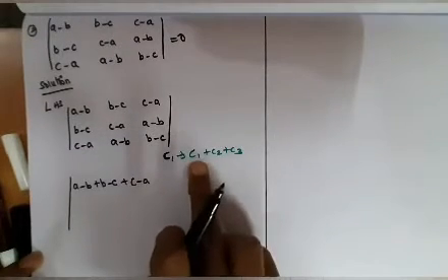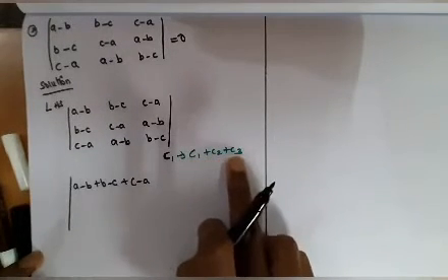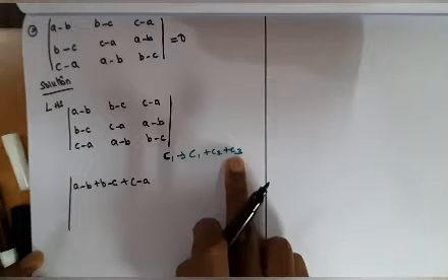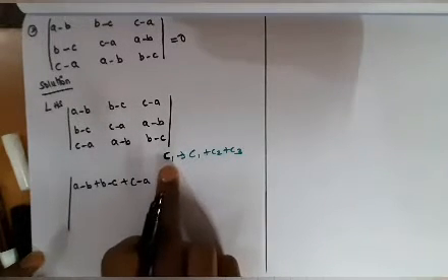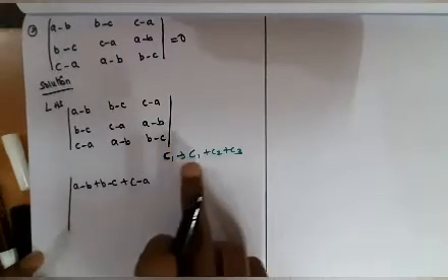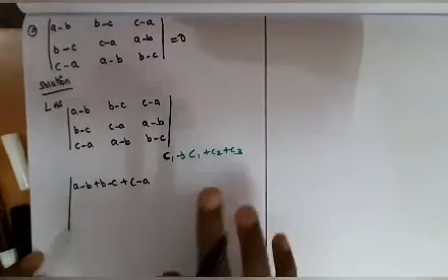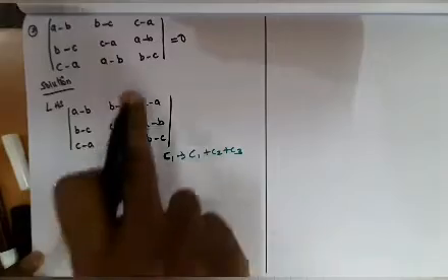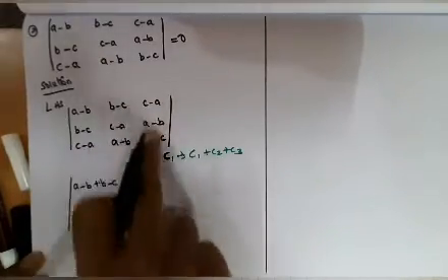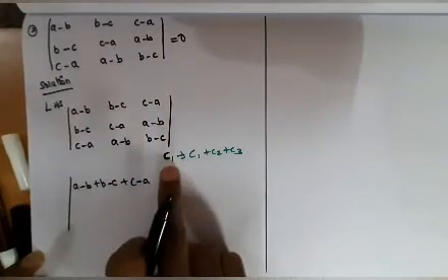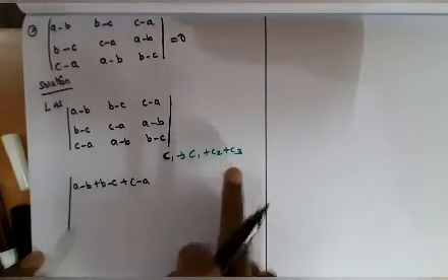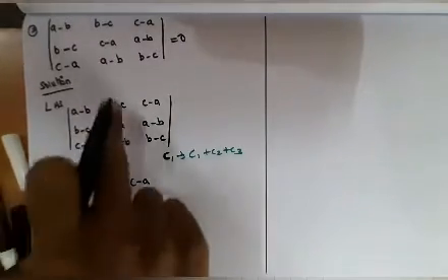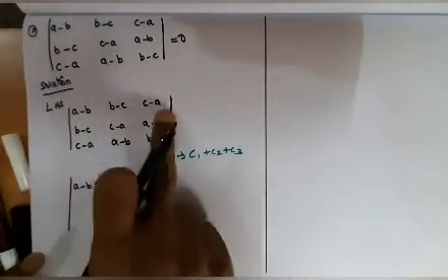Adding all the terms, only the C1 changes occur. C2 and C3 remain the same. So nothing happens in column 2 and column 3. Only column 1 gives C1 plus C2 plus C3, adding all the things.